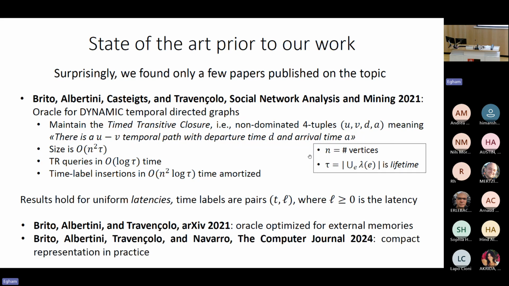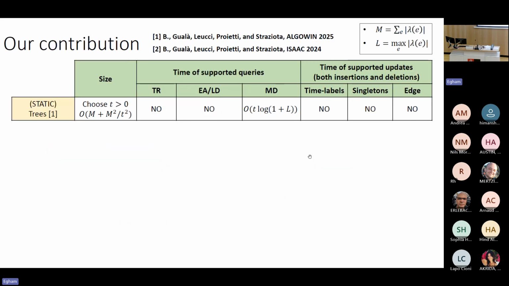Or in a more recent paper, they show how to design a compact version of such an oracle that is compact in practice, and they ran some experiments on it. And this is basically all we know about the problem on dynamic graphs before we studied the problem.